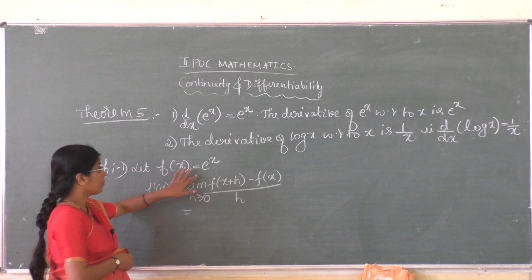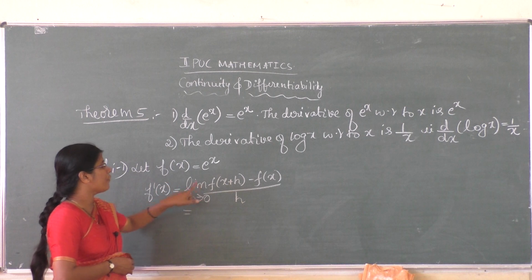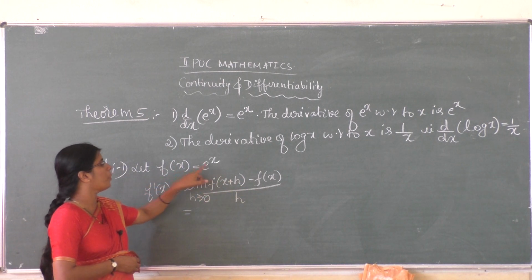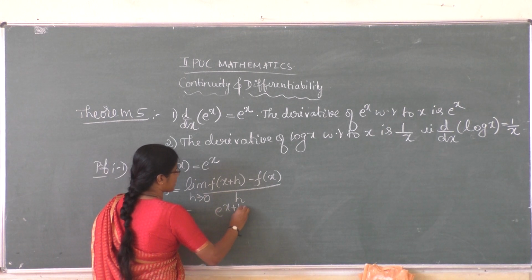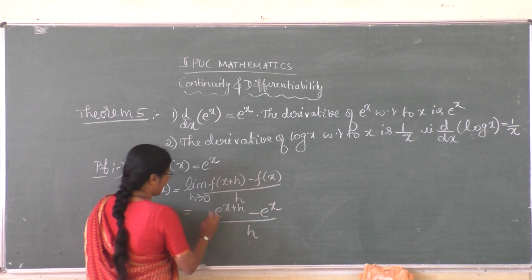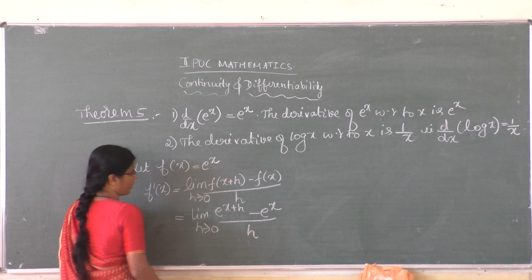Now f of x plus h: in the place of x you put x plus h. So this becomes e to the power x plus h minus e to the power x divided by h as h tends to 0.